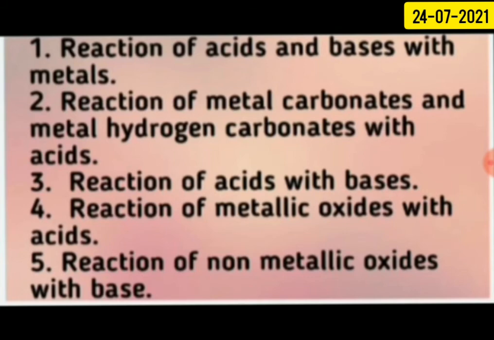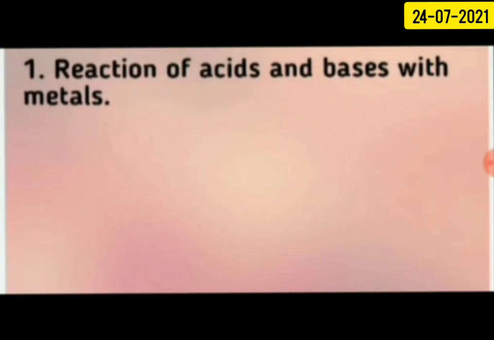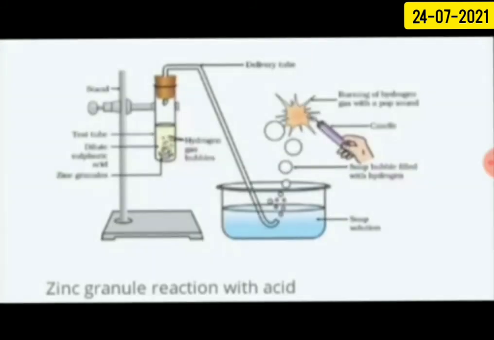So, first we have the reaction of acids and bases with metals. Metals react strongly with acids. But in the case of bases, only some metals react with bases. Let's do an activity. Activity 2.3.